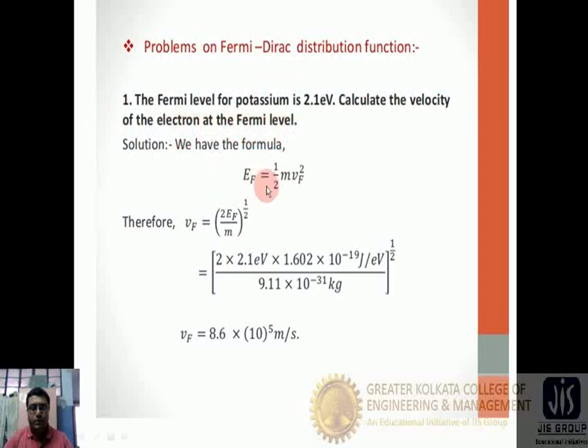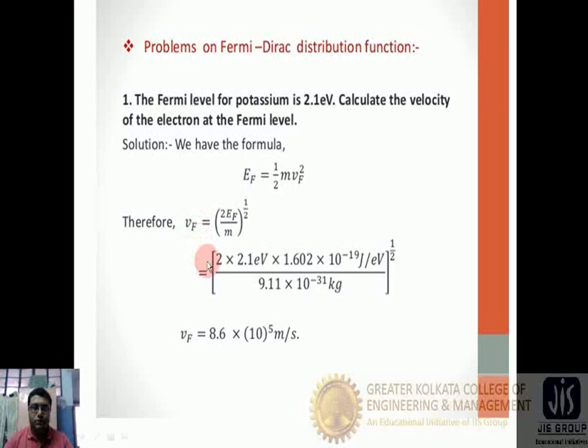So here is the formula for this problem, where EF is the Fermi level, and we have to find this velocity. So we just rearrange this formula to find the velocity.